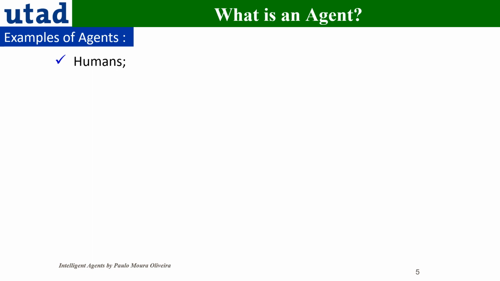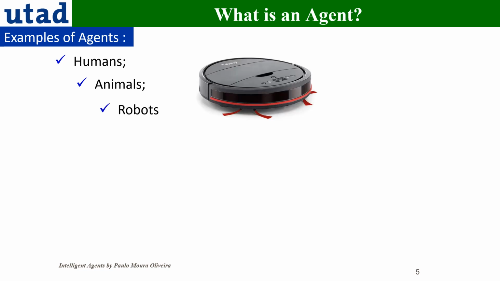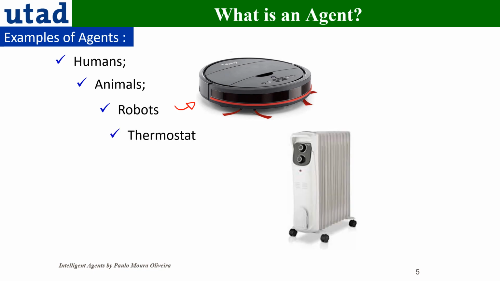Examples of agents: of course, we have humans, then animals, and robots. For instance, this mobile robot that cleans your house is a perfect example of an agent. And the thermostat, a device that exists in every heater.